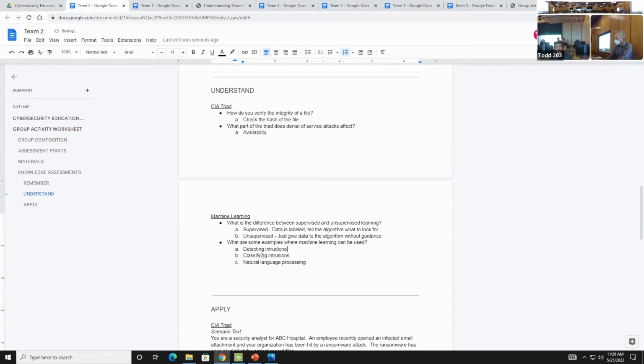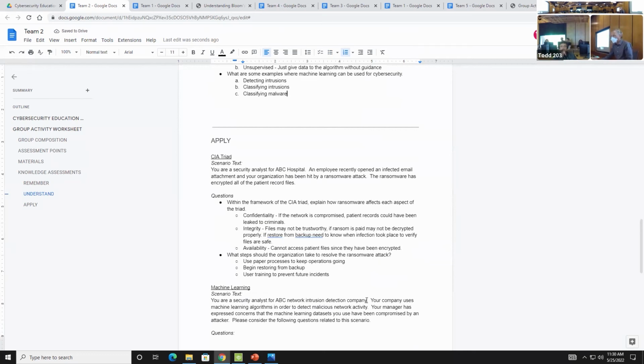What I would say to make this more, so what other examples from cybersecurity? Malware classification based off of malware. Okay.